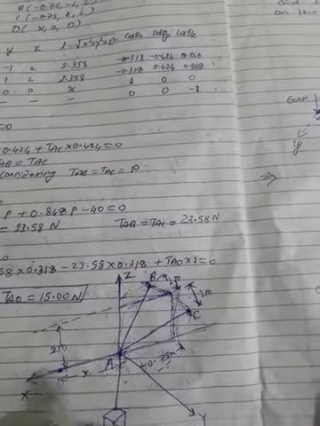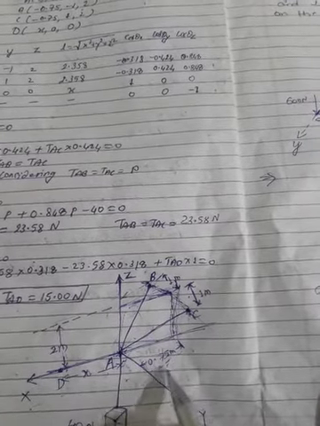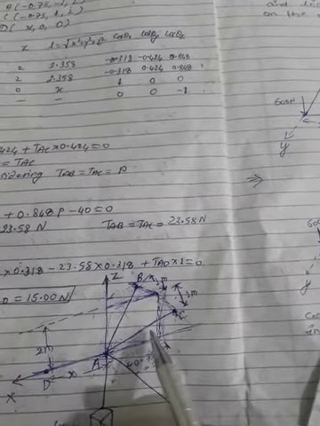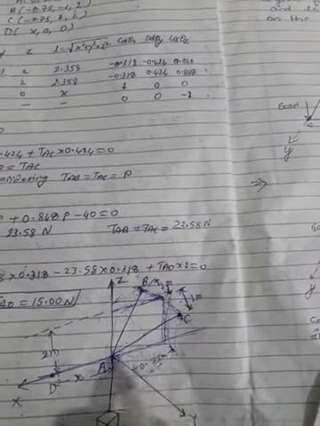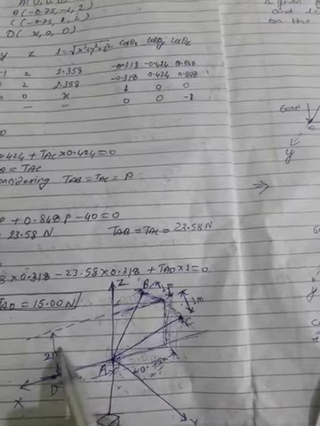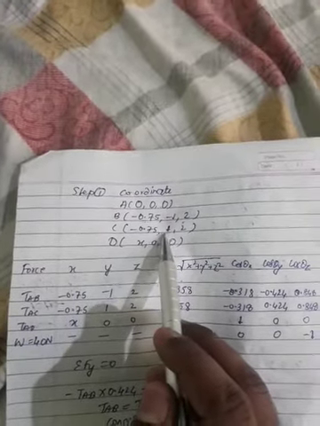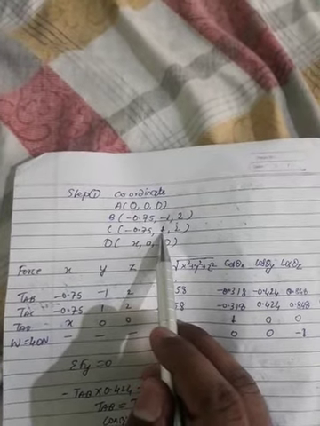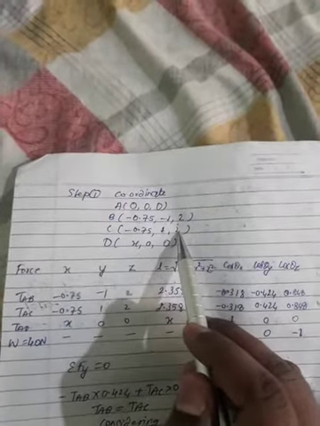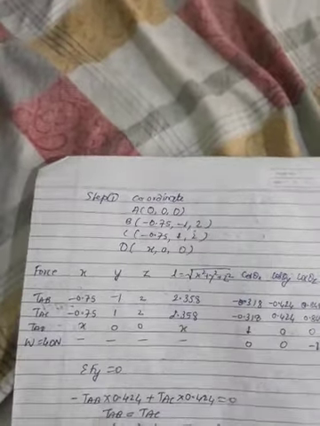It is in this direction, so the y coordinate is +1, and the x coordinate, being in the negative x axis, is -0.75. The z coordinate is again the vertical distance, so it is +2. So you will get the coordinates of point C as -0.75, 1, 2: minus means in the opposite direction of the positive x axis, plus 1 means it is along the y axis, plus 2 means it is in the positive z axis.